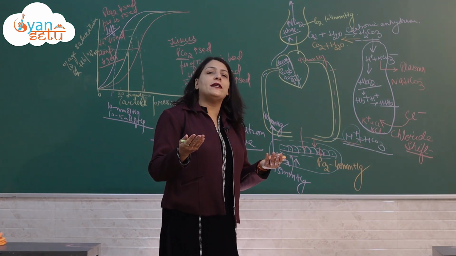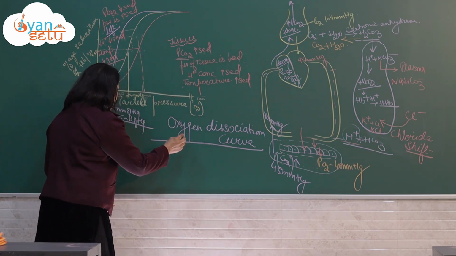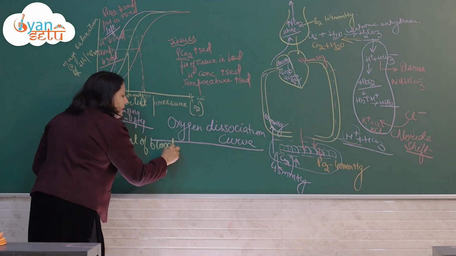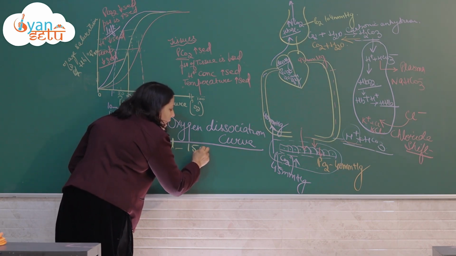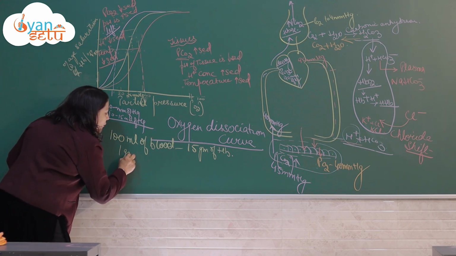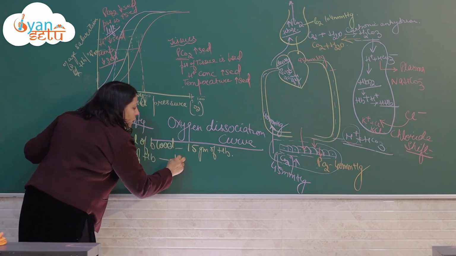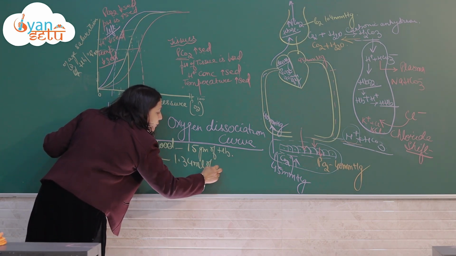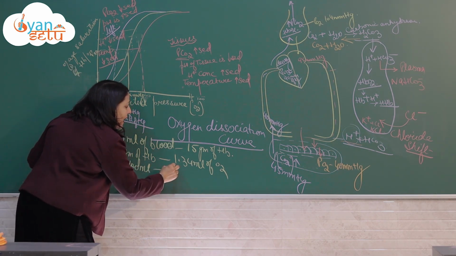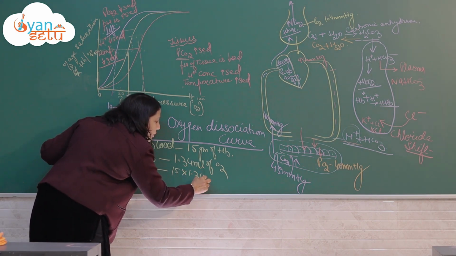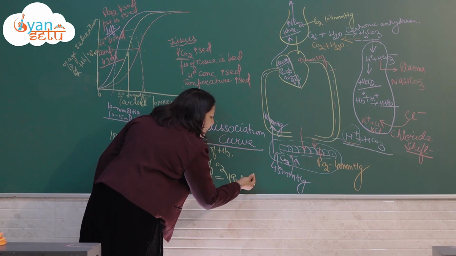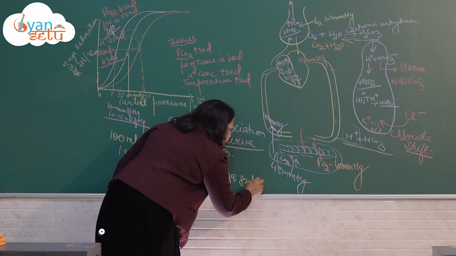How much of the oxygen is transported? For that we will take that 100 ml of blood contains 15 grams of hemoglobin. 1 gram of hemoglobin carries 1.34 ml of oxygen. That means 100 ml will carry 15 into 1.34 is equal to approximately 19.8 ml of oxygen.